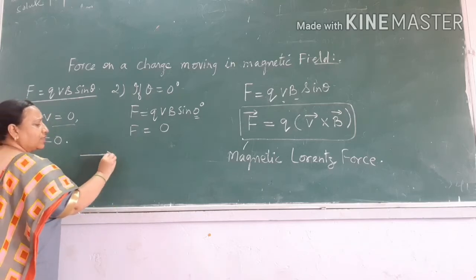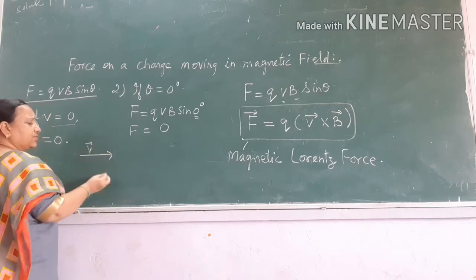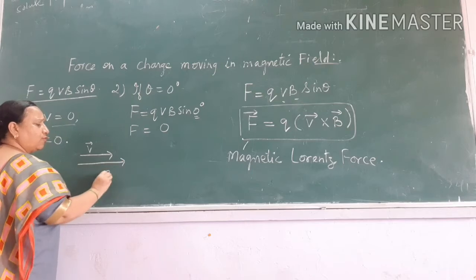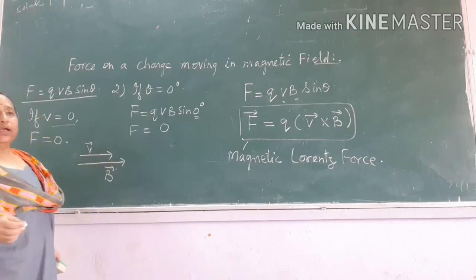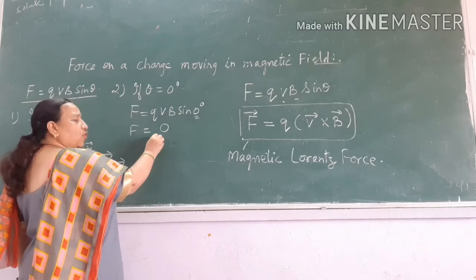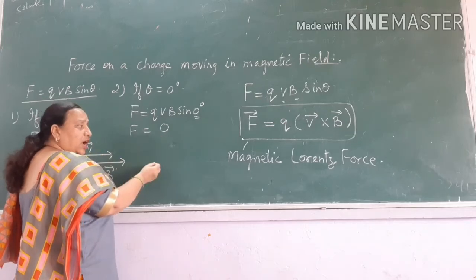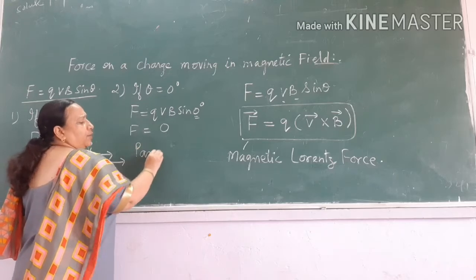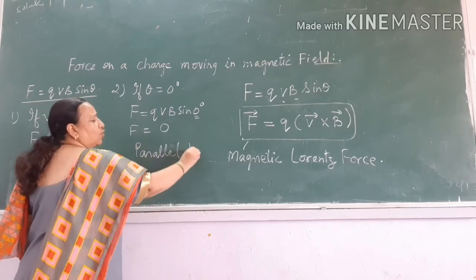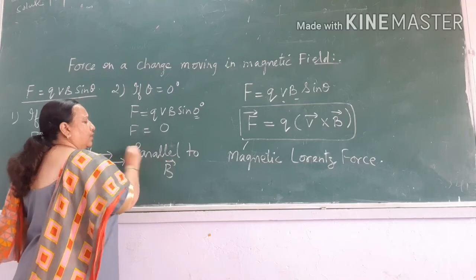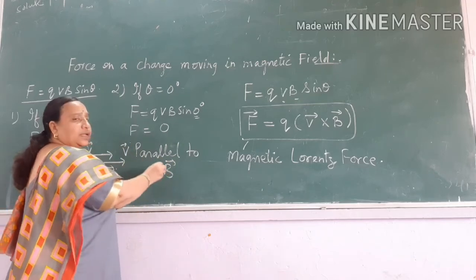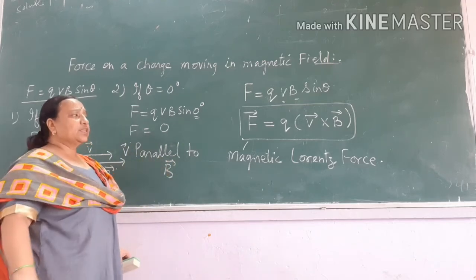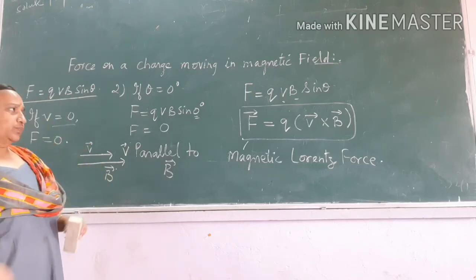If the charge is moving with a velocity v in the direction of B, then also it does not experience any force. So if a charge moves parallel to the field, if v is parallel to B, then also the force on the charge is equal to 0.